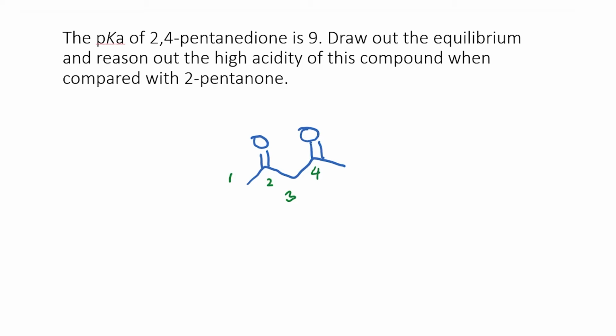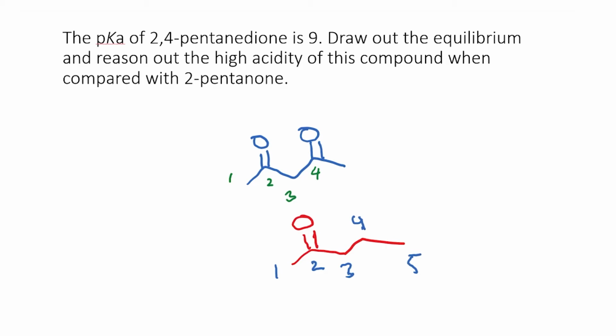Okay, so let's just draw out the structures of these compounds. So this is 2,4-pentanedione, and 2-pentanone would be basically the ketone present only in position number 2, and the rest of the numbering is the same: 1, 2, 3, 4, 5. If you see the pKa of carbonyl compounds, you've already studied this in the past.